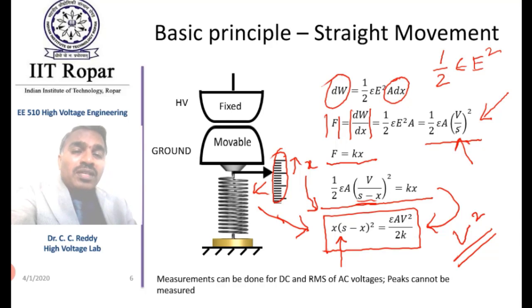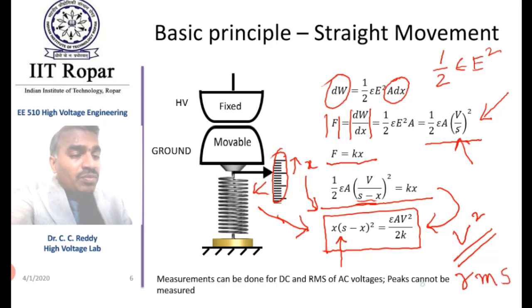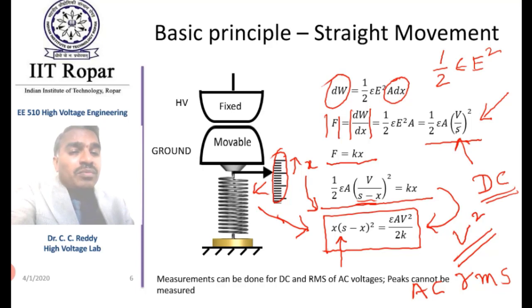So the spring may not respond to high frequencies, and it will stay in its equilibrium position. That is why we can measure RMS AC voltages and pure DC voltages. So for impulse measurement, this cannot be used, and particular peaks of any other waveforms also we cannot use. So DC and AC RMS voltages, this can be used.